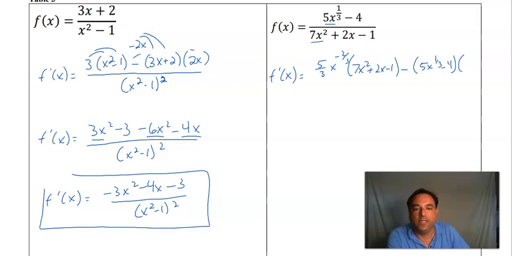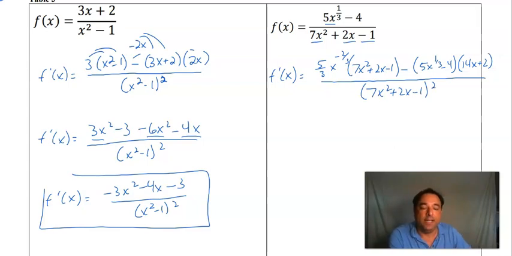So the derivative of 7x squared is 14x, the derivative of 2x is 2, and the derivative of negative 1 is 0, all over the original denominator, the original bottom squared.